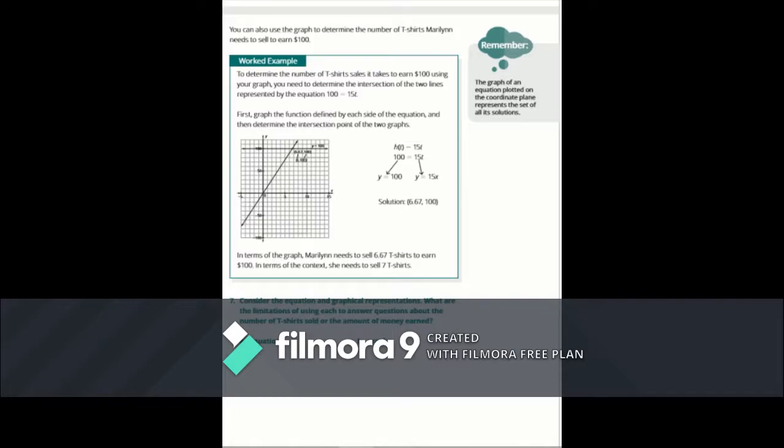In a graph, it's difficult to read an answer sometimes because if you put the point at $100, you can't really tell that it lines up with 6.67. You can't just tell that by looking at a graph. So on a graph, you'd have to assume.